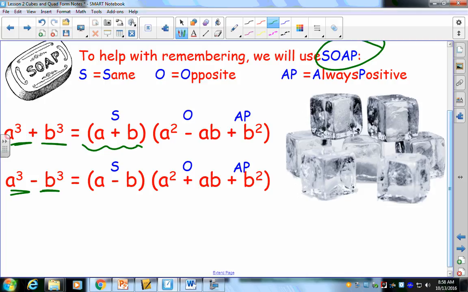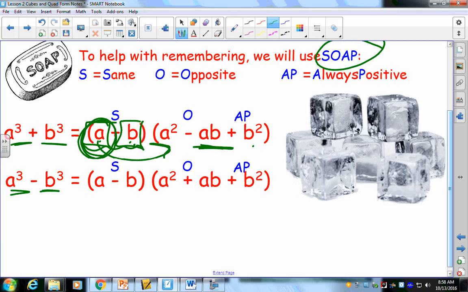I'm going to take my first term and square it, so a squared. My middle term is going to be these two multiplied together, a times b. We haven't even talked about signs yet, so we're not worrying about them. And then my last term is going to be the b squared.